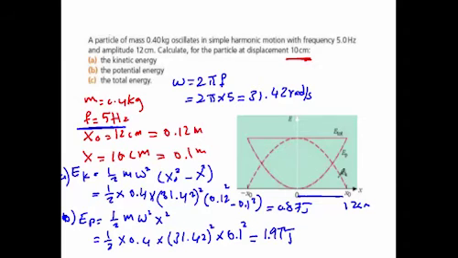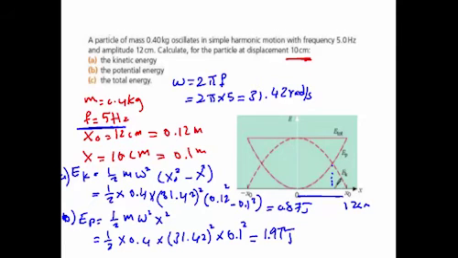So if you come here at this displacement, kinetic energy equal to potential energy, but what we are getting, our potential energy is greater than the kinetic energy. So we are somewhere here. Potential energy has the value more than kinetic energy.